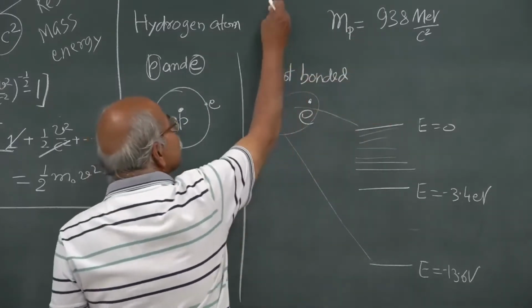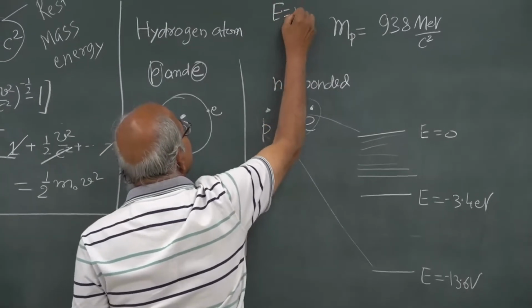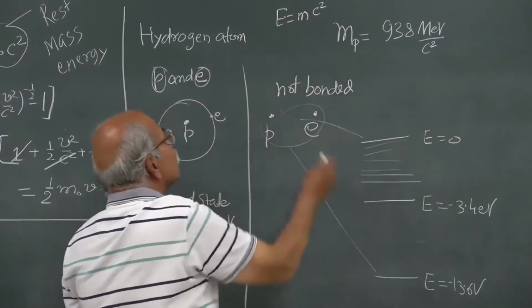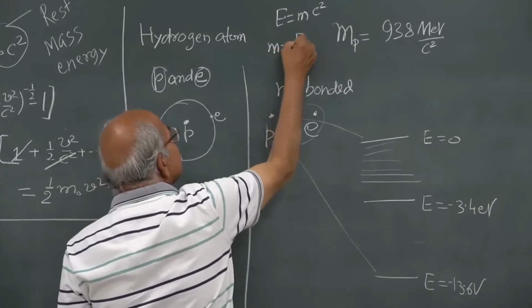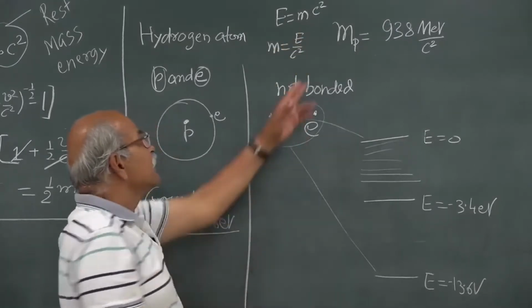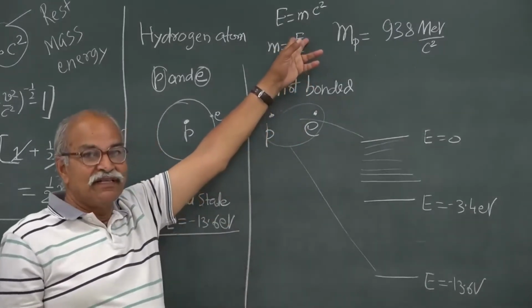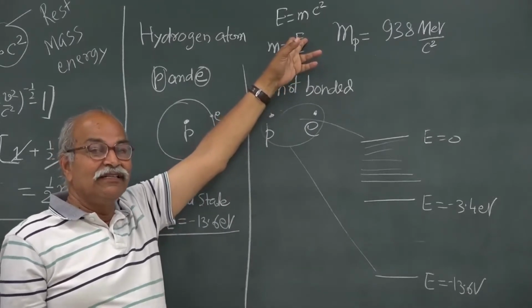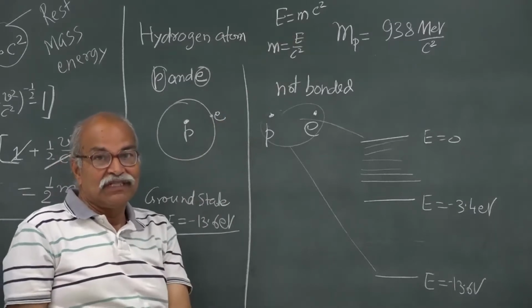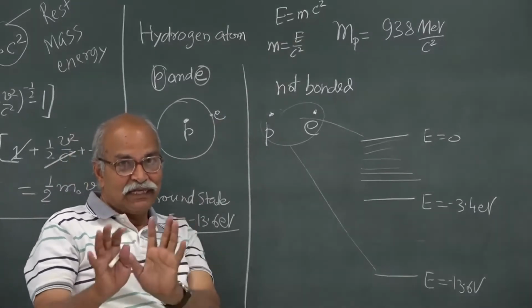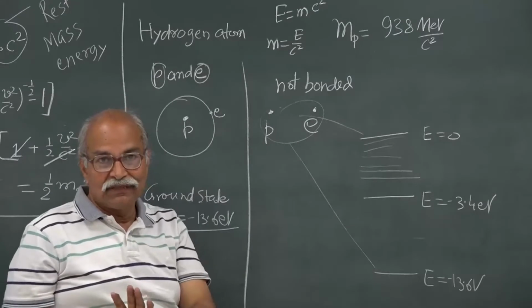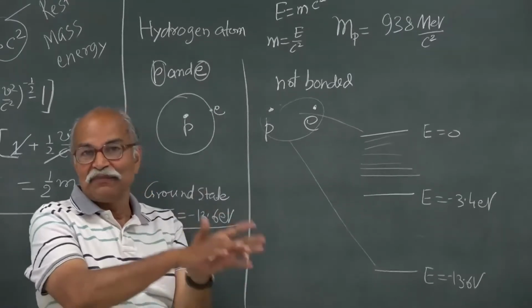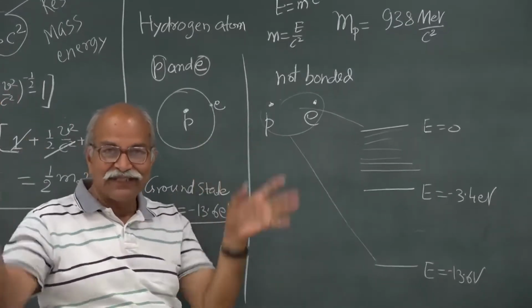You know, energy is mc square. So, m is E by c square, and one unit of energy is electron volt. The SI unit is joule, but then you also talk of electron volt. So, you know how many electron volts will make 1 joule, or how many joules will make 1 electron volt, that conversion you know.